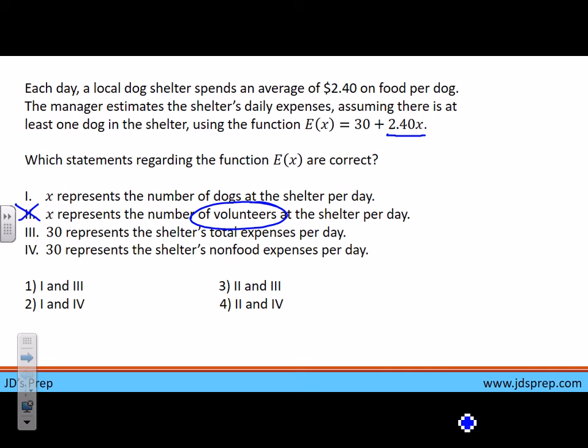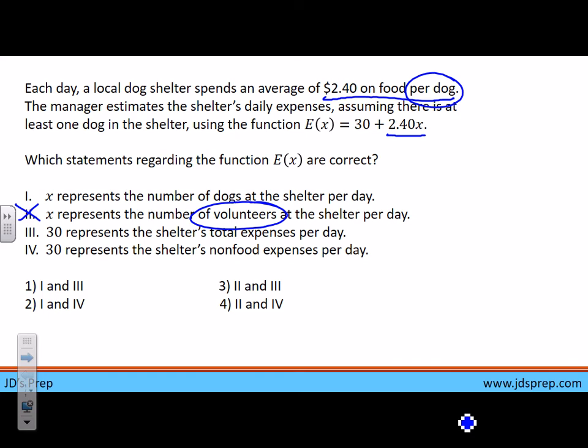If we look elsewhere in the problem, the $2.40 is mentioned up in the first sentence, which says that the shelter expects to spend $2.40 on food per dog. The per dog in particular gives us a clue that every dog in that shelter is going to cost $2.40 for food that day.